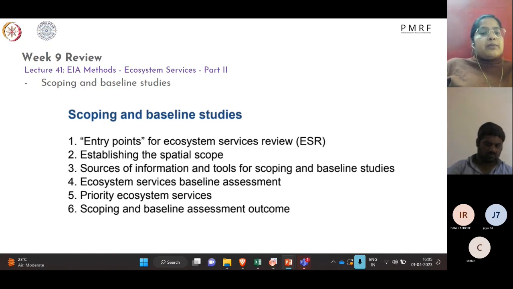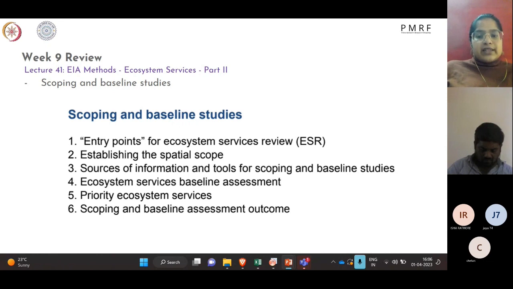And so, scoping and baseline studies look at certain things. So these are entry points for the ecosystem service review, where such reviews are required, especially pertaining to ecosystem services. And then you also need to establish the scope for the ecosystem services review. And then you also need to look at the sources of information which are available for doing a desk-based study, and to also look at tools for scoping and baseline studies.